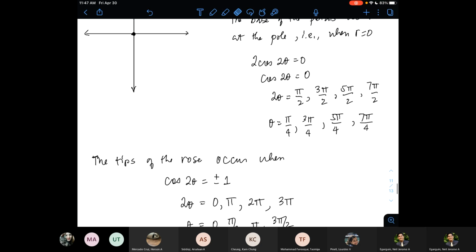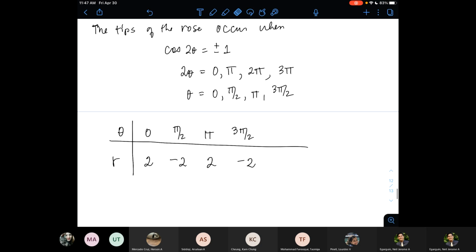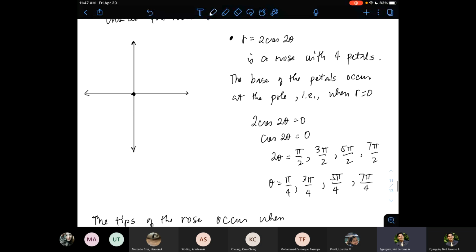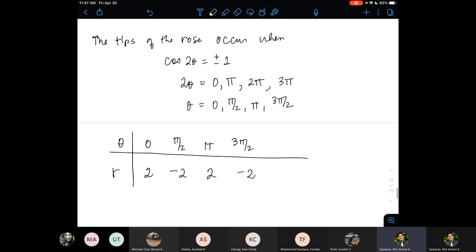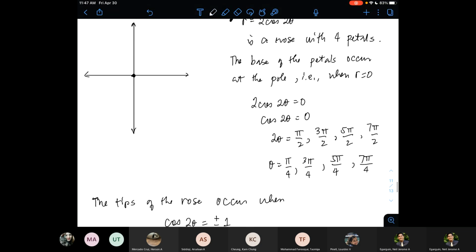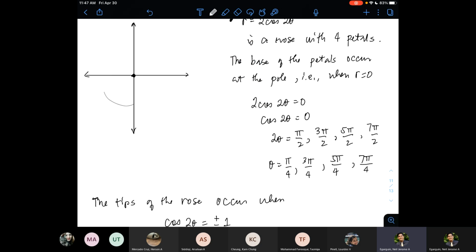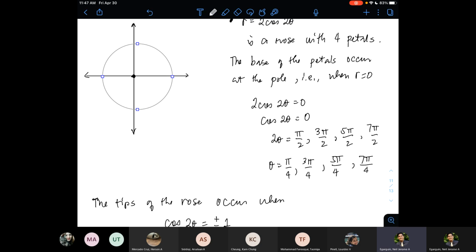So, okay, when theta is 0, we have r equals 2. Maybe I need a guide circle here. So say this guide circle is of radius 2.